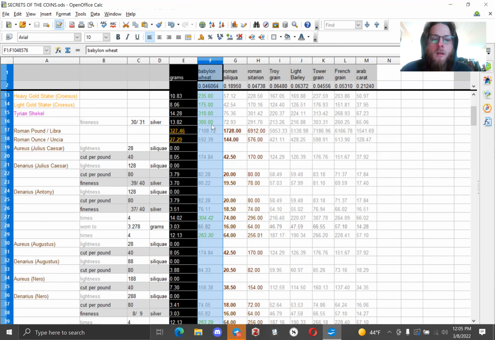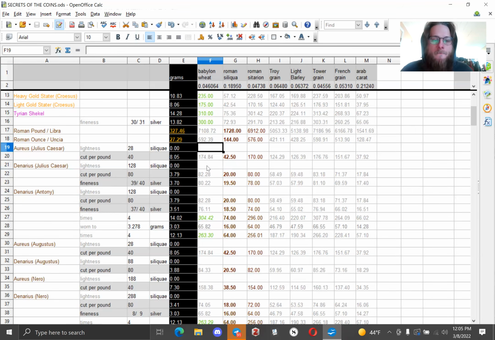This is how the Levant counts weight. And remember, the Tyrian shekel is 310 wheat grains heavy and contains 300 wheat grains of silver. So 4 of these together contain 304.42, which is right in the middle of this spread.